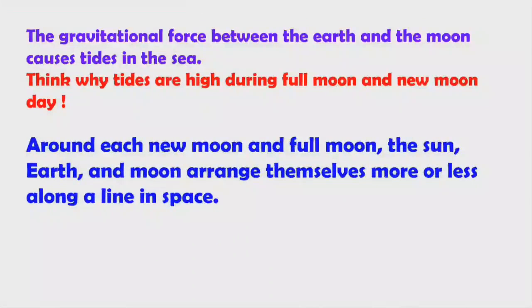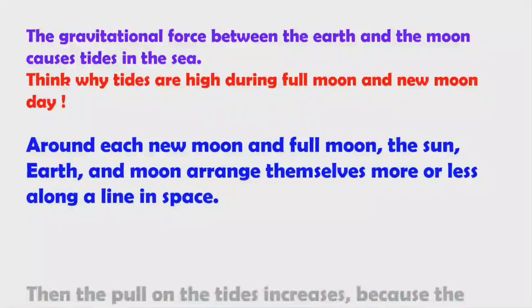Around each new moon and full moon day, the sun, earth and moon arrange themselves in a straight line.